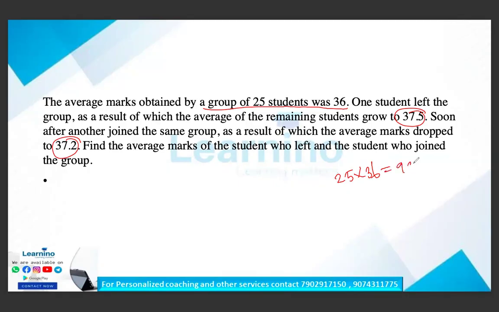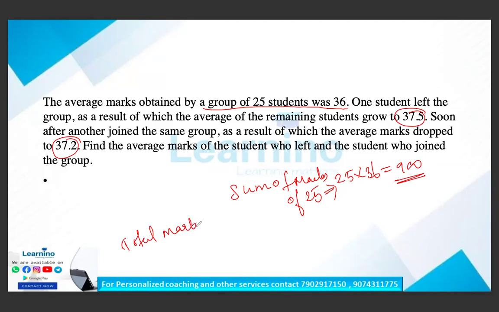The sum of marks of 25 students is 900. Total marks obtained by 24 students is 24 into 37.5, that is equal to 900.